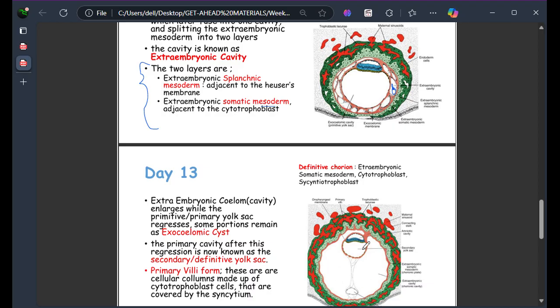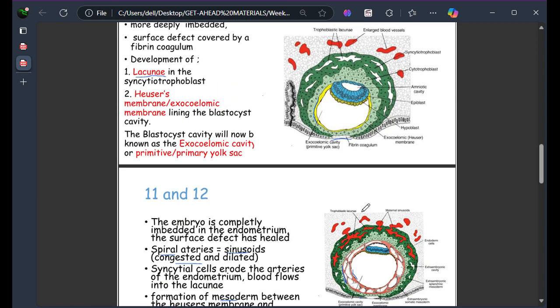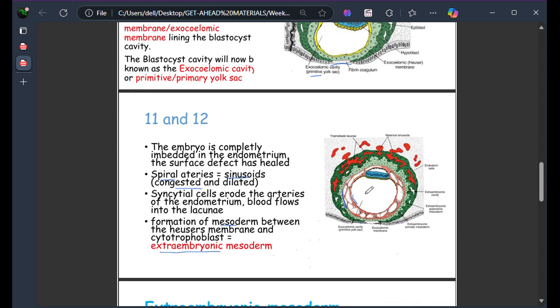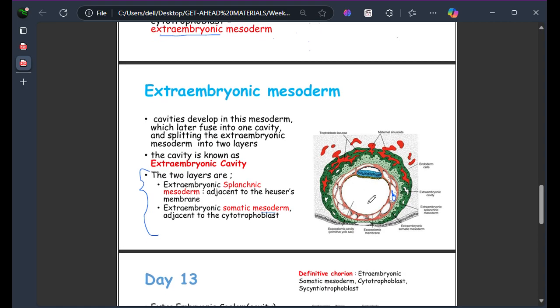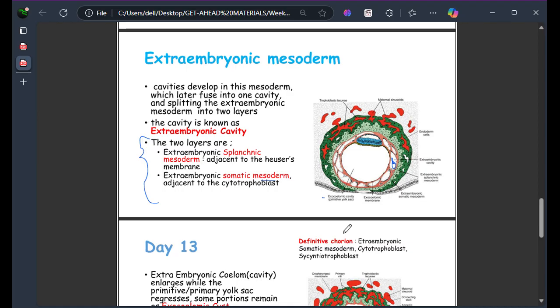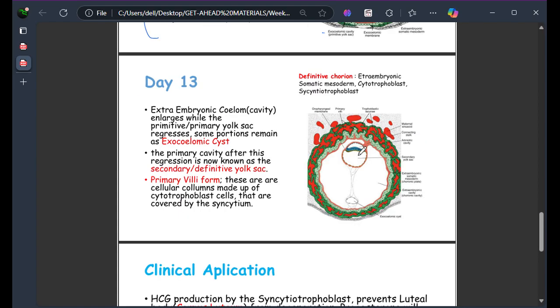While what we said was the yolk sac in the first place, the primitive yolk sac, remember from this picture, the primitive yolk sac or the primary yolk sac, or the exocoelomic cavity, is being pinched off, it's being reduced in size. As it is reducing in size, the extraembryonic cavity increases in size.